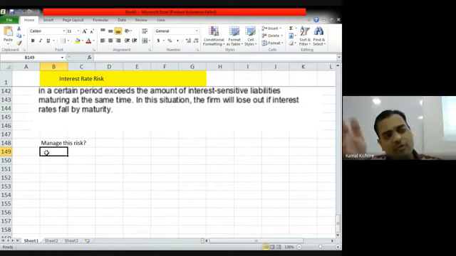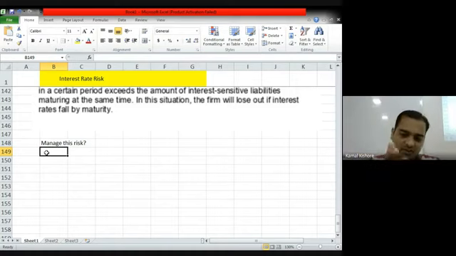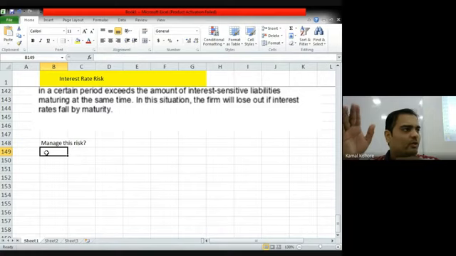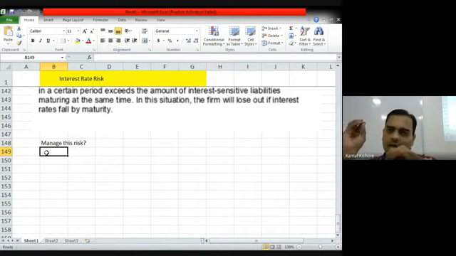Most businesses will have interest sensitive assets or interest sensitive liabilities. No business will be there which doesn't have them, right? 90% of the companies have borrowings. Most companies will have borrowings, and there are very few companies which do not have debt.